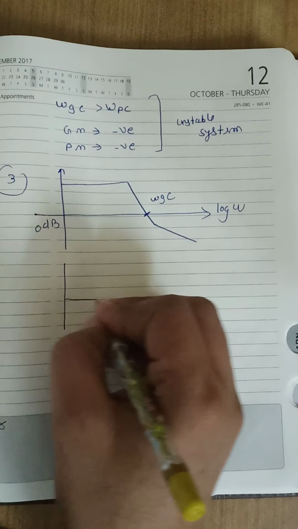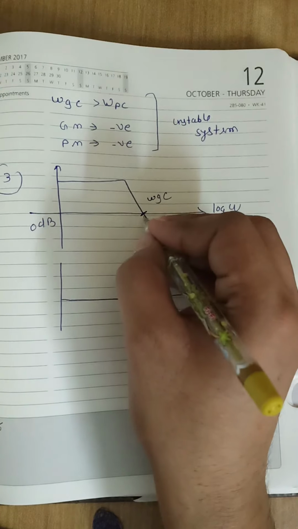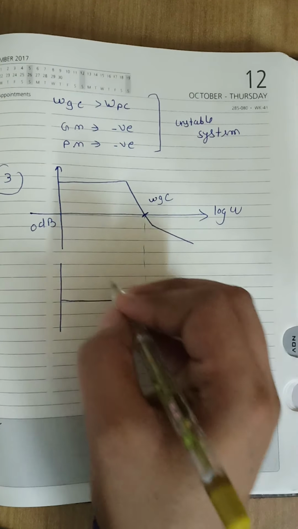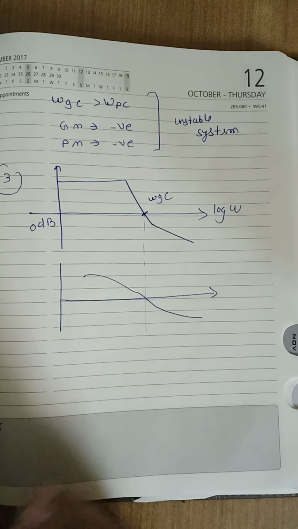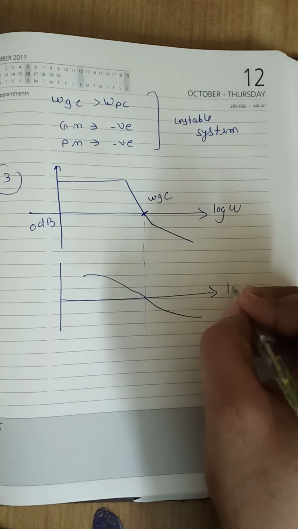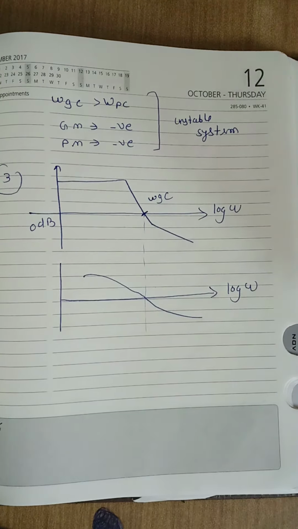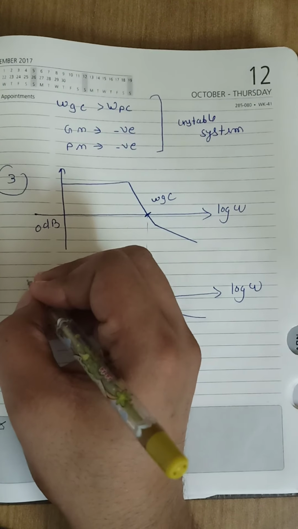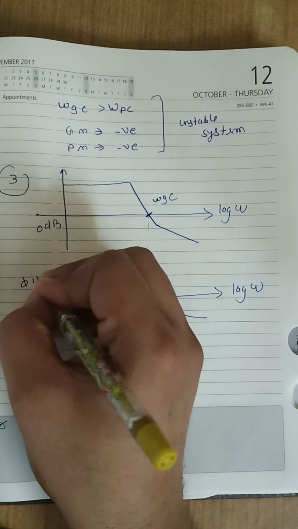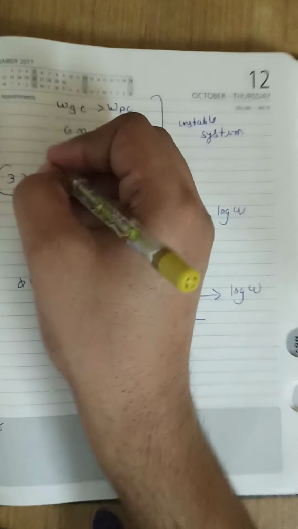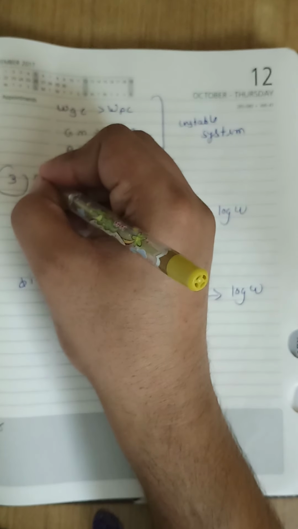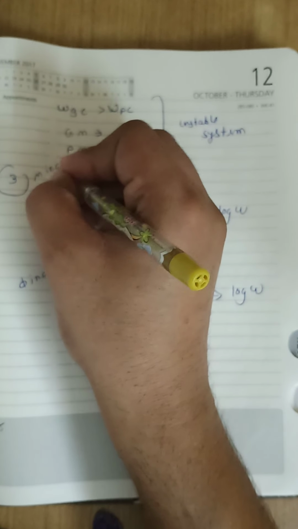Now let us consider the phase plot. Suppose we have a phase plot like this. Horizontal will define log omega, vertical will define phase angle in degrees, and in the magnitude plot vertical will define magnitude in dB.